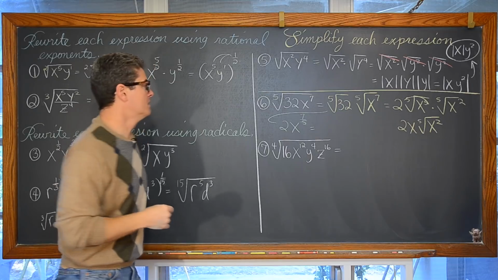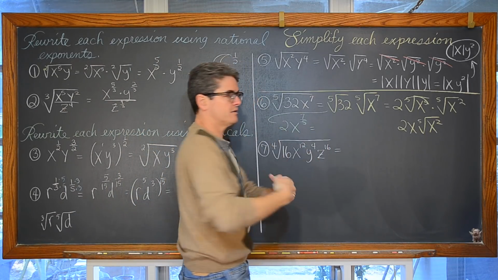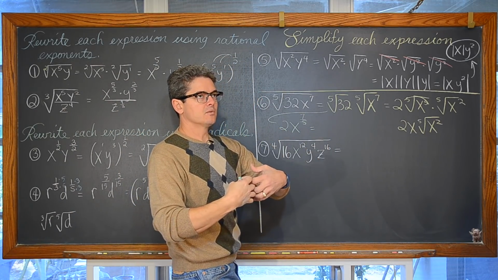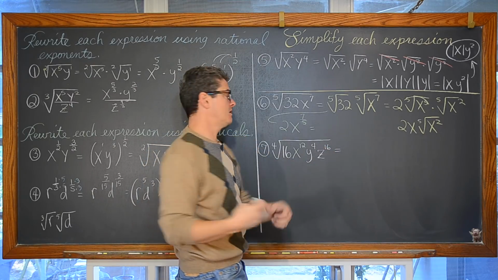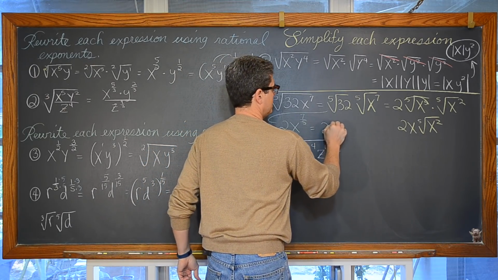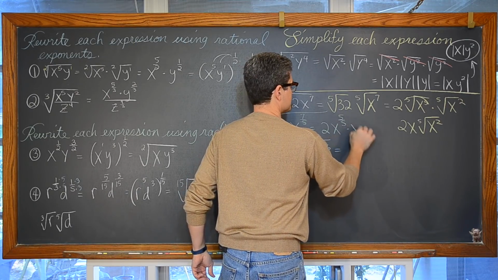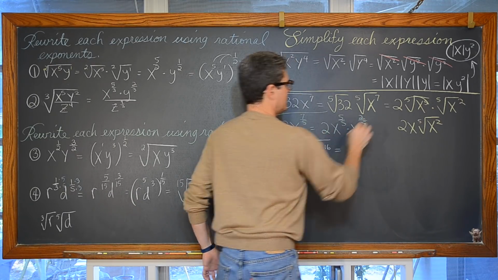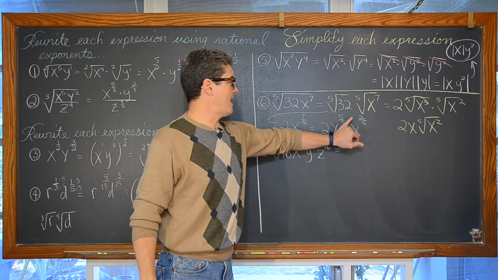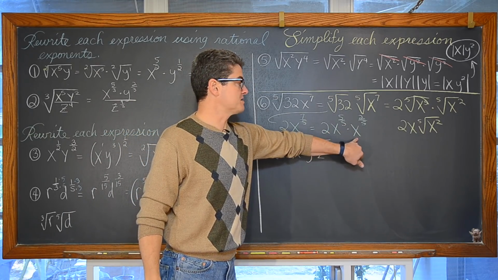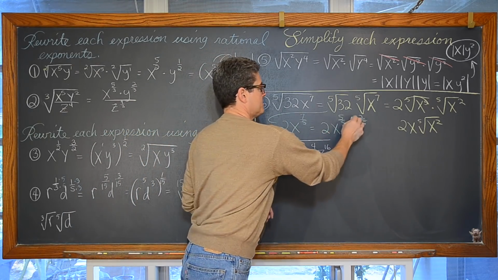Well, that can be rewritten again with the idea of separating an addition of fractions. We can write that as 2 times x to the 5 over 5th power times x to the 2 over 5th power, right? Because when you multiply like bases, you would add those exponents.